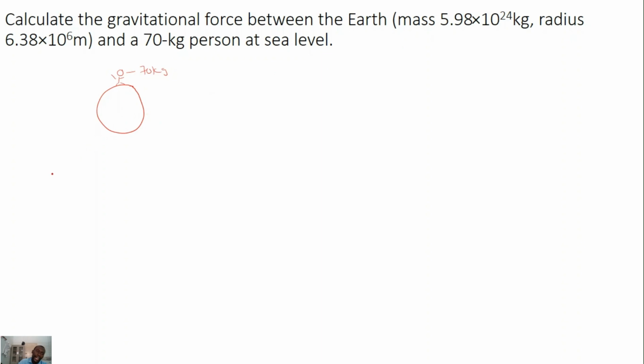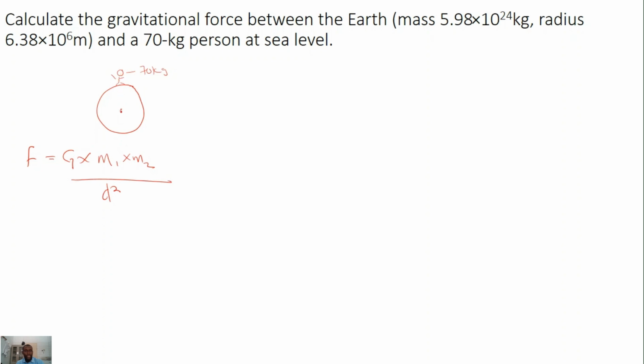So from the earlier formula that we derived, we know that force is equal to the gravitational constant times m1 times m2 all over the square of the distance between them.